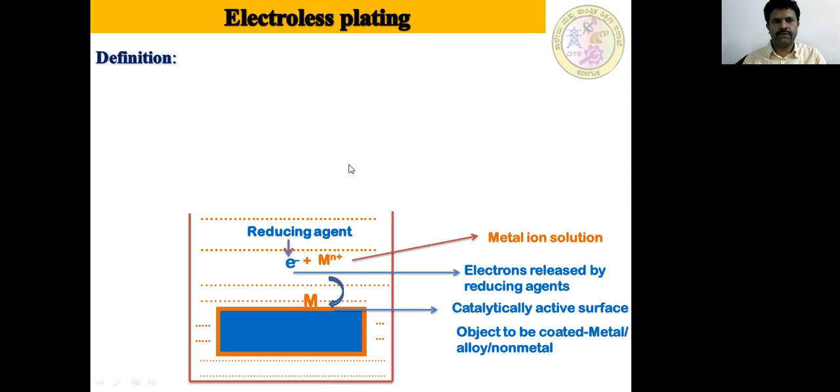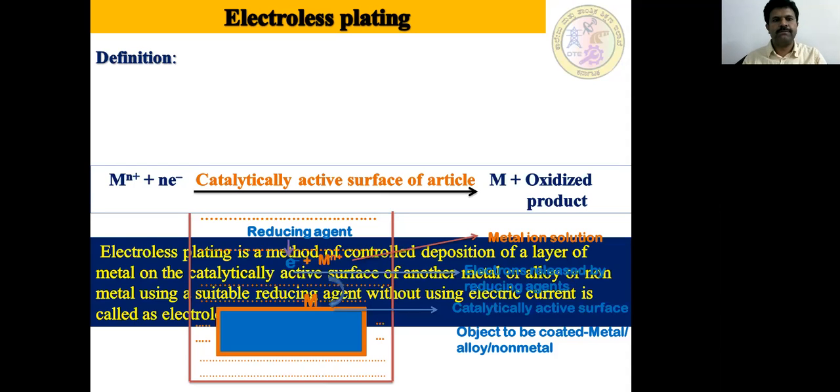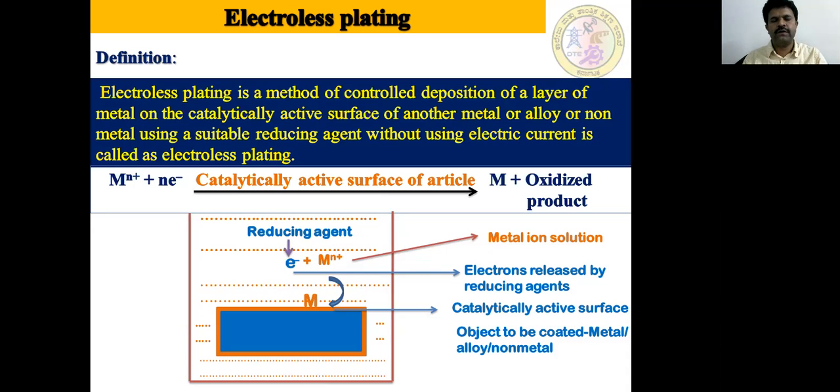Now if we come to the definition, electroless plating is a method of controlled deposition of a layer of metal on the catalytically active surface of another metal or alloy or non-metal, using a suitable reducing agent without using electric current.